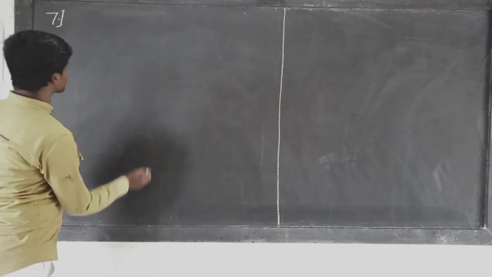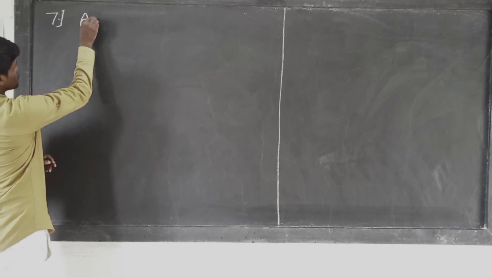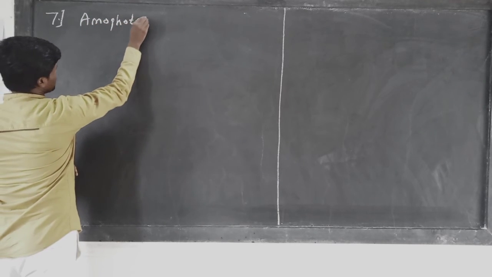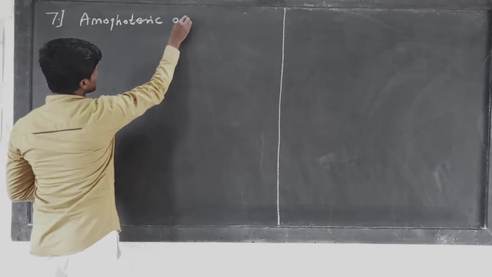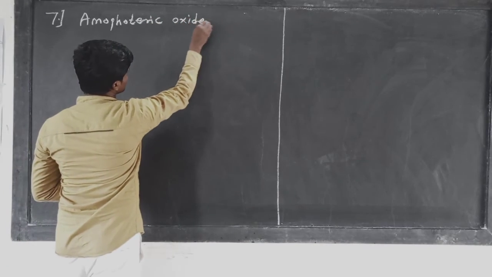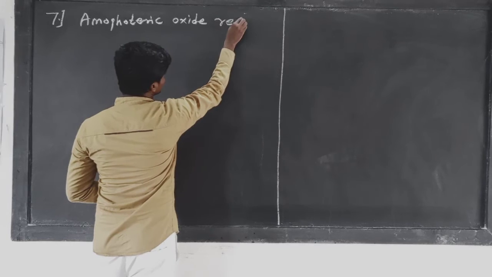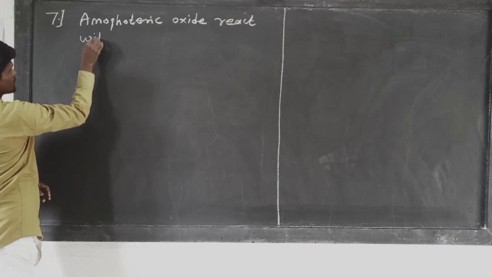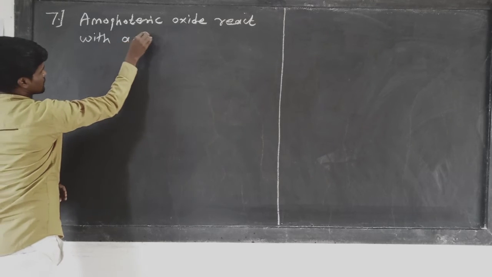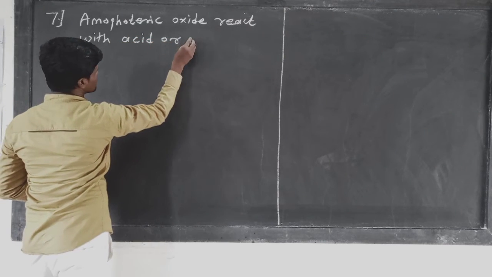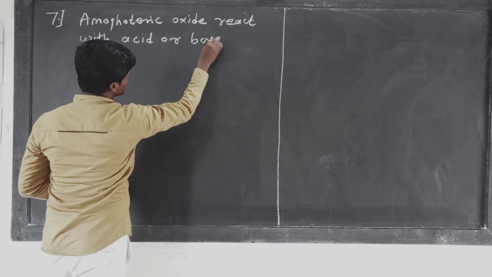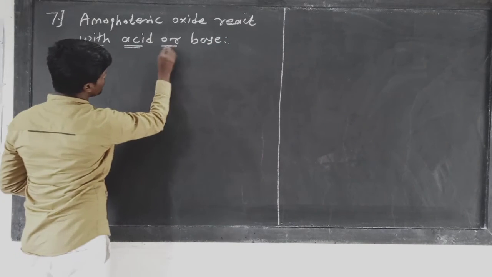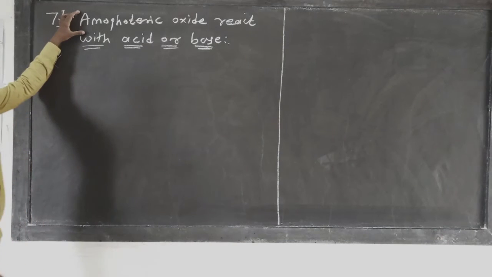Point number 7 is the amphoteric oxide. Amphoteric oxide reacted with base or acid. First of all, we know the meaning of amphoteric oxide.